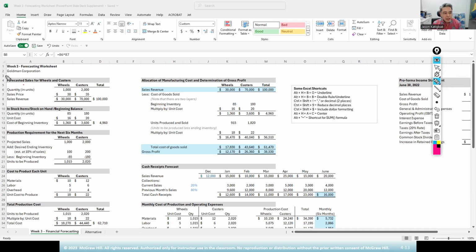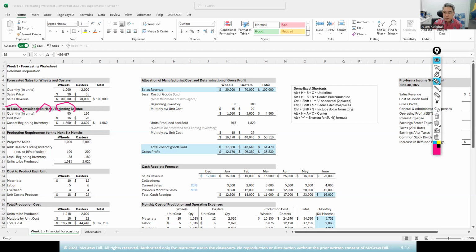So we have the forecasted sales, which is basically quantity multiplied by sales price. So we have the 30,000, 70,000, and 100. That's easy. And now I'm using other terms so we would know what it is, right? In stock, stock on hand, is the same thing as the beginning balance.